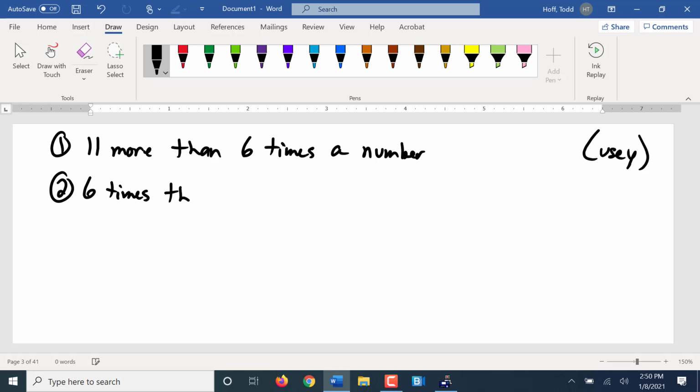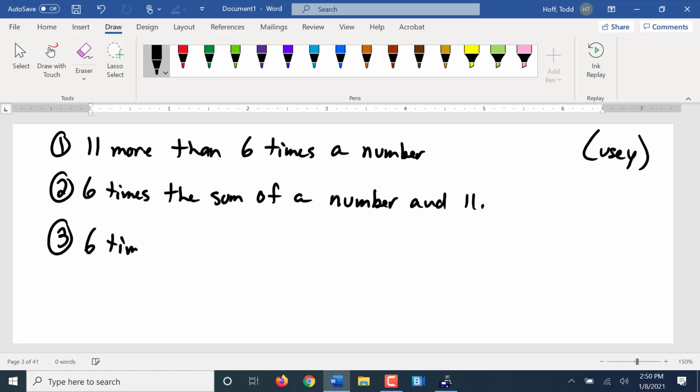Six times the sum of a number and 11. And 6 times a number increased by 11. I'll give you a minute or so to work on those three.